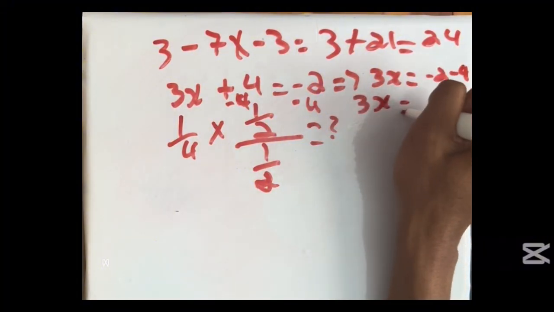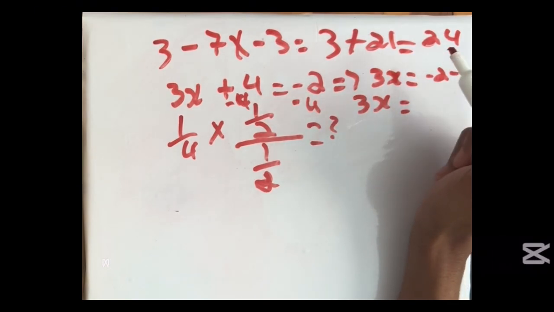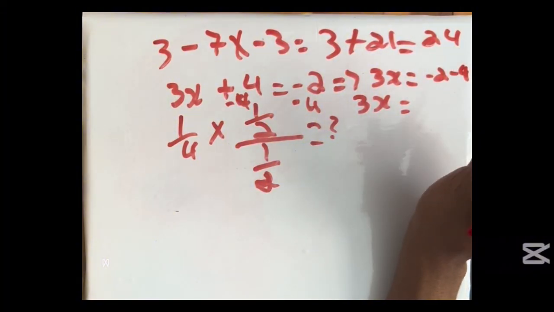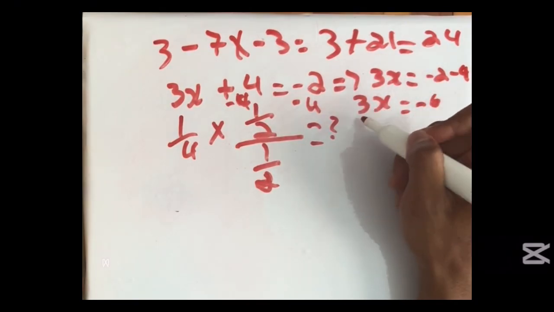Remember what we said about the addition rules. When we have two numbers with the same sign, we keep the sign and we add the two numbers. In this case, they have the same sign, both negative. This 2 has a negative sign, 4 has a negative sign. You just keep the negative and add the two numbers, which gives -6. And finally, we divide both sides by 3.